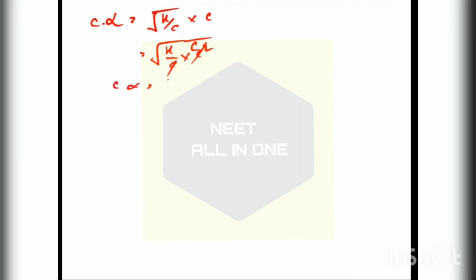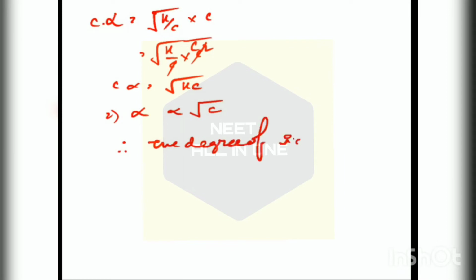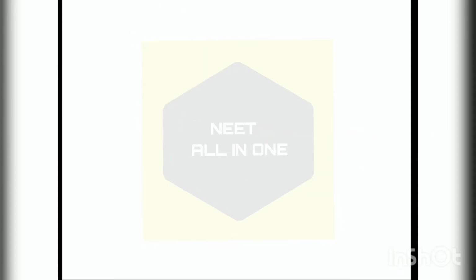You can just see the equation comes like this, or if we give it a proportionality sign, it will be like this. So here what do we have? The degree of ionization is inversely proportional to its concentration, right? So this is our Ostwald's law.